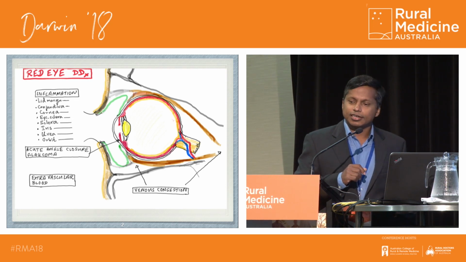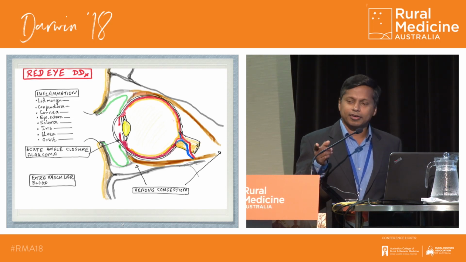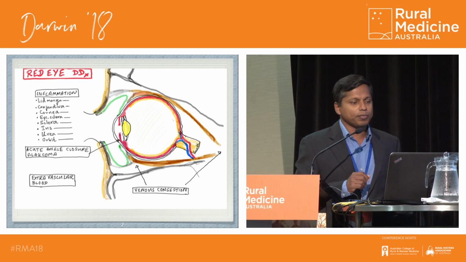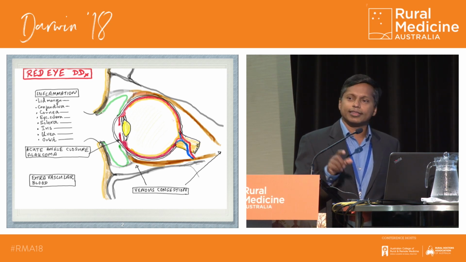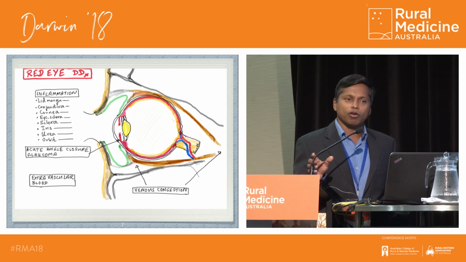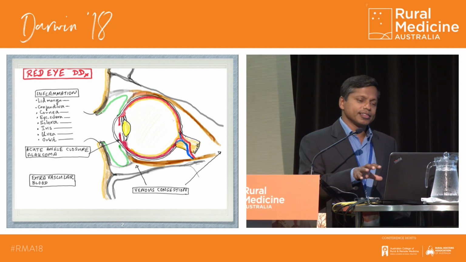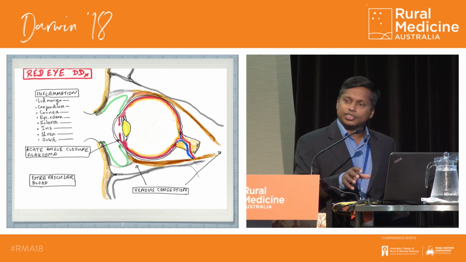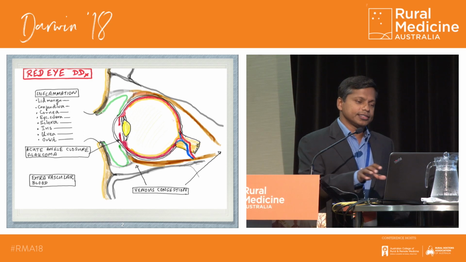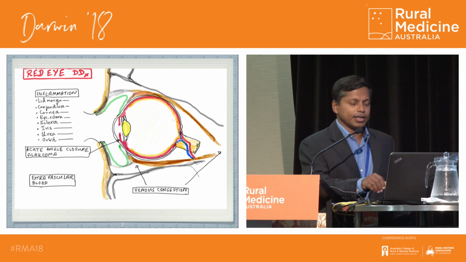Okay, so we'll first use this hand-drawn diagram on the front of your page. You can work in groups of 2 or 3. I'm sorry if you don't have your own copy. Jane's promised that she can get you copies later, right? What I'm asking you to do is take a few minutes to write down a few causes under each category. To help you out, I'll start with the first section, inflammation.